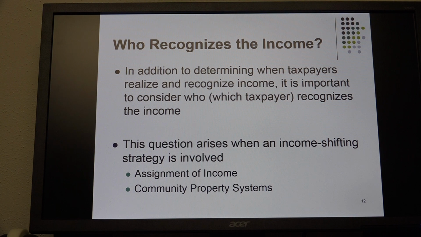So it doesn't work with providing services, obviously, because you're going to provide the services, right? But at least as far as property is concerned, you want to shift the rental income to your son. Well, you're going to have to transfer the rental property to your son, because he now becomes the tree, and any fruit that comes from that tree is attributable to him, not you.